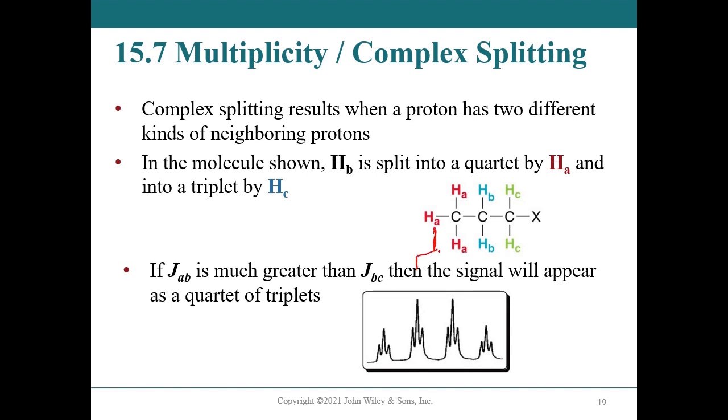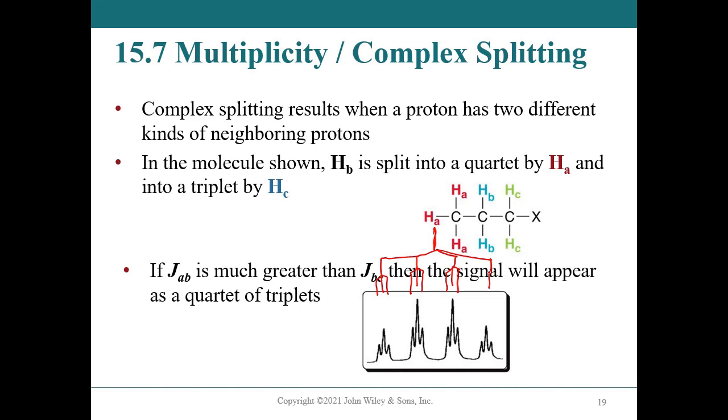So it's being split into a quartet, basically, with a large coupling constant. So we have a large separation between each of those peaks. And then HC is splitting it again, but this time it's splitting by just a small amount. And so we're getting each of these individual peaks split into a triplet.